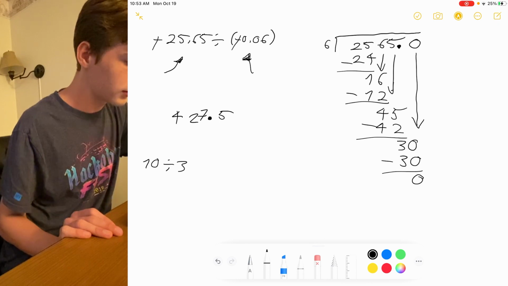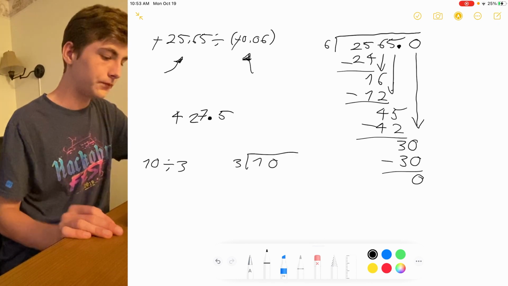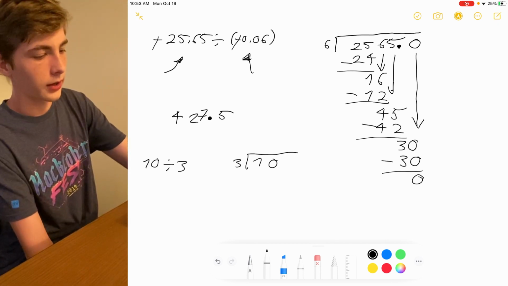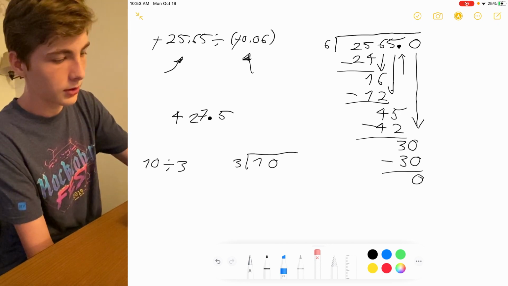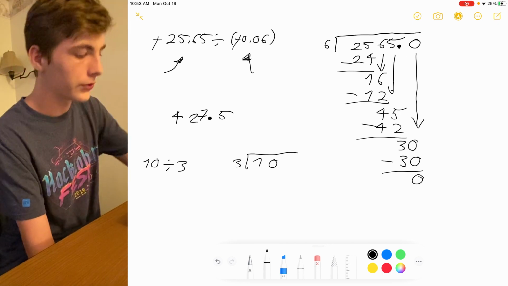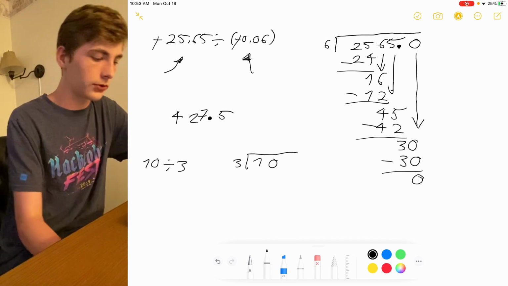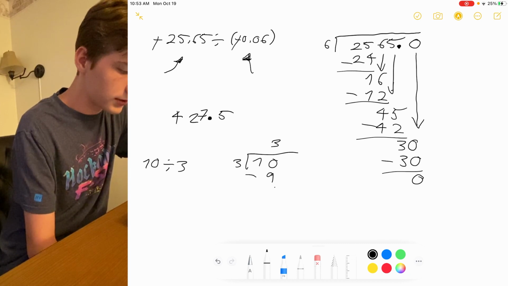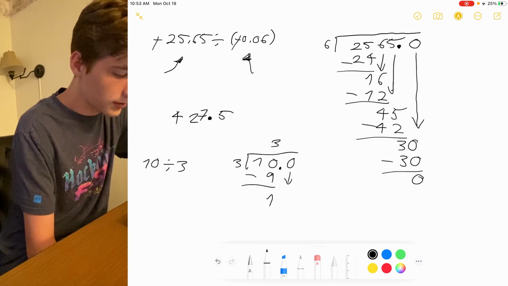So we say, okay, 3, 10, and you can use that decimal point thing here whenever you need to, even when you're just dividing regular numbers, because sometimes when you divide regular numbers, you'll still end up with a decimal. So 3 goes into 10 3 times, that'll make 9. We subtract, we get 1. If we say this is the same as 10.0, we can bring down that 0.